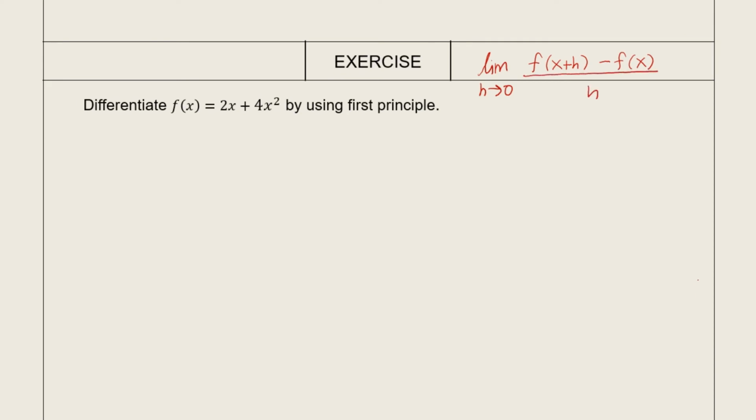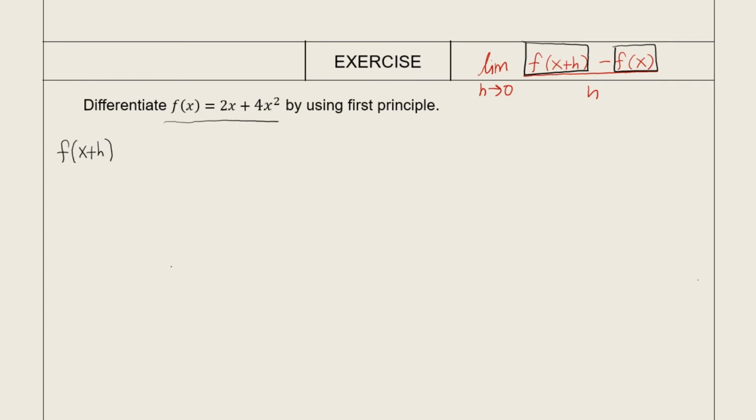So what we need is the value of f(x plus h) and the value of our function f(x) to use this formula. So we already have f(x) here. What you need to find is the value of f(x plus h).